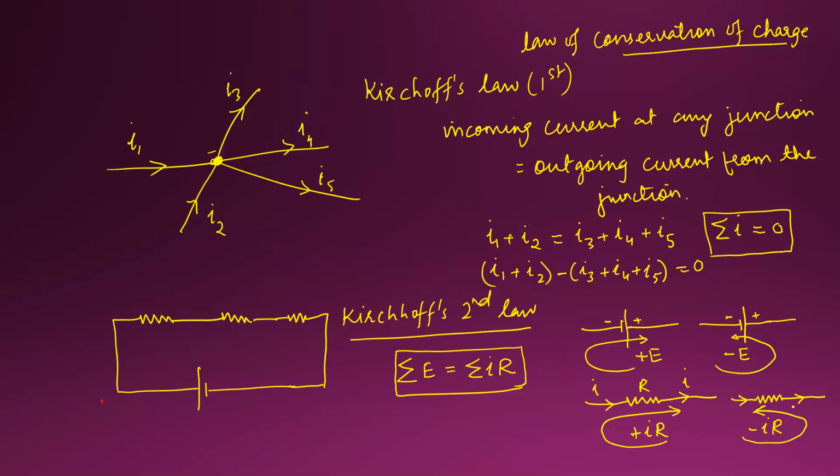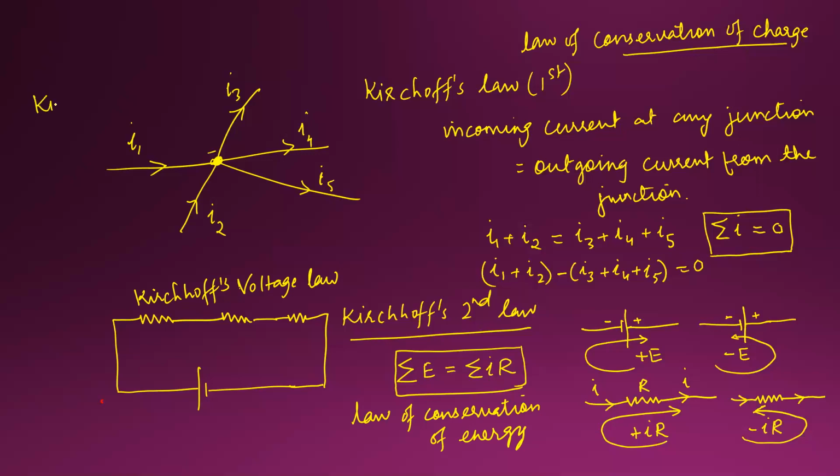So here we have these two laws. This Kirchhoff's second law is based on the law of conservation of energy, and it is also called Kirchhoff's voltage law, whereas Kirchhoff's first law is also called Kirchhoff's current law.